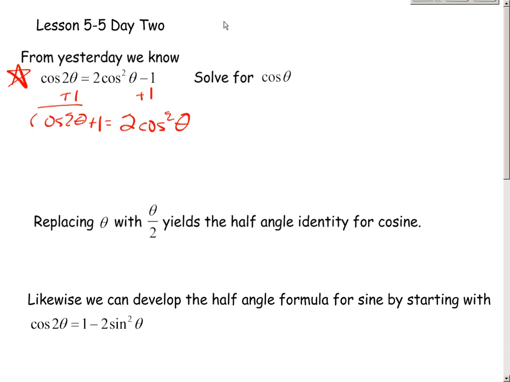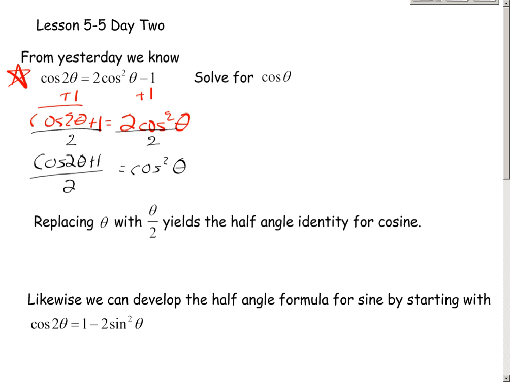And divide by 2. So we have cosine squared theta is equal to cosine 2 theta plus 1 over 2. And then just one more step, and that is to take the square root of each side.